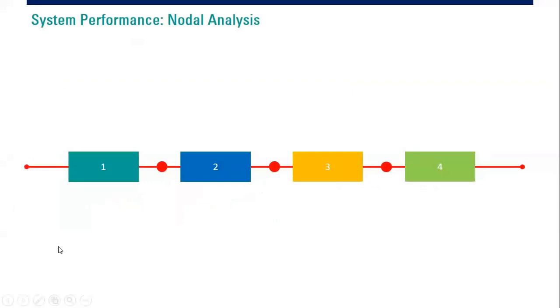All right, so talking about nodal analysis, it's always about system performance. This is a schematic. Let's say we have a system that consists of these blocks: block 1, 2, 3, and 4, four components or elements. Between each block we have an intersection, an interface, or we can also say we have a node.